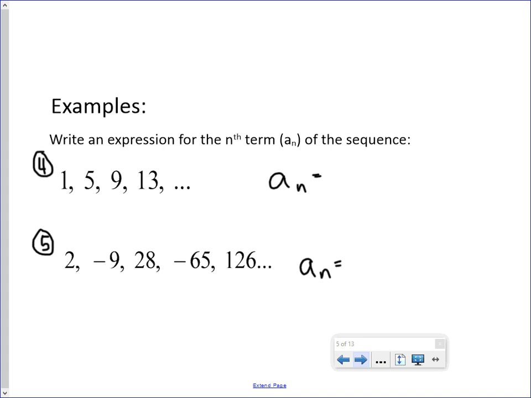What I would suggest you do with your group members is look at the sequence, determine the pattern, and decide how you can write that pattern so that I could ask you, what's the 100th term? And you could just plug in 100 and get the 100th term for your sequence.